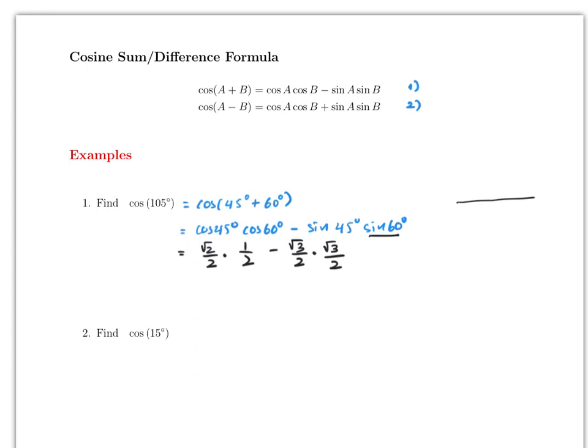Remember, if you want to make sure of that, just do the triangle. So this is 30, 60 degrees. Remember, this is 1, this is radical 3, this is 2. So then cosine of 60 is 1/2. Sine of 60 is radical 3/2.